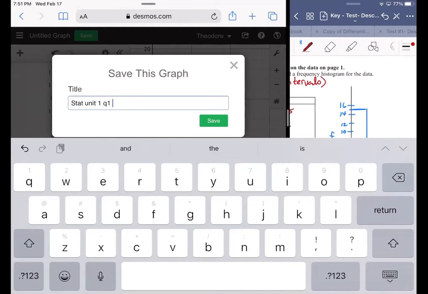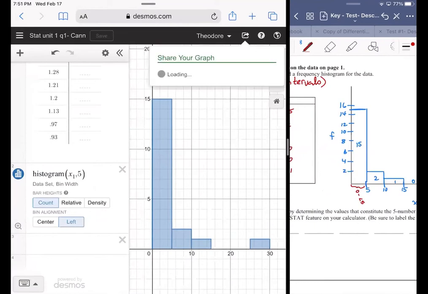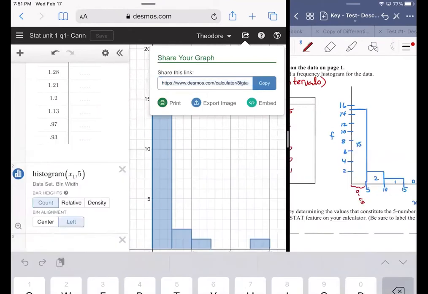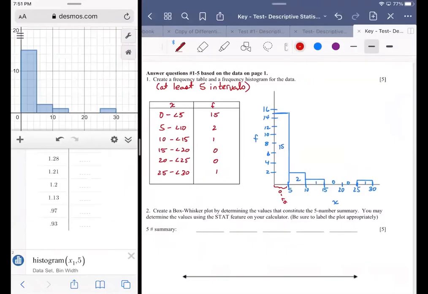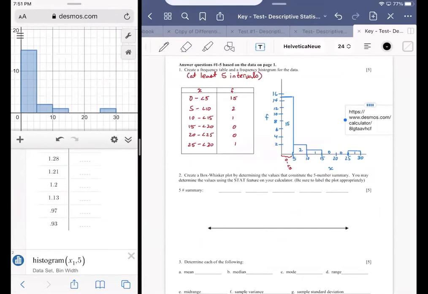Maybe throw your last name in there, make it a little bit more helpful, and then save it. So create a Desmos account if you haven't done that yet, and then create a share link. And then in Blackboard, in that share field that I was talking about before, where you can type an answer, just put your link. So you wouldn't have to create the graph by hand, is what I'm saying.